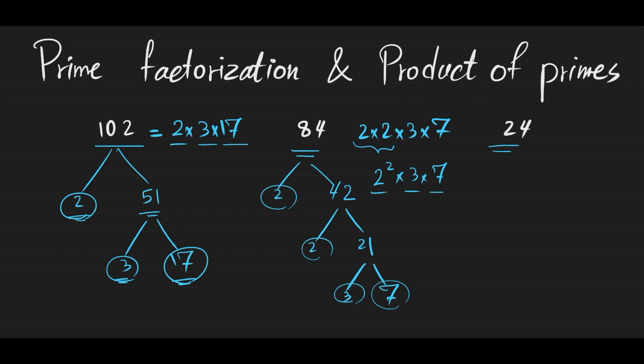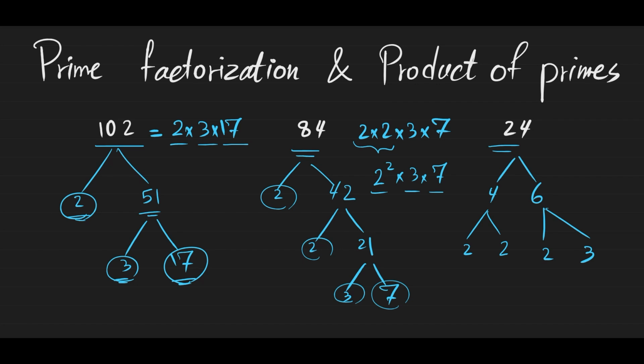Looking at another example here, 24. 24 is an even number, so we can divide by 2 to get a 2 and a 12. But let's say instead that we forgot that we have 2 and 12 as factors, and we want to divide instead into 4 and 6, because 4 times 6 is equal to 24. Then 4 is divided into 2 and 2, and 6 is divided into 2 and 3.